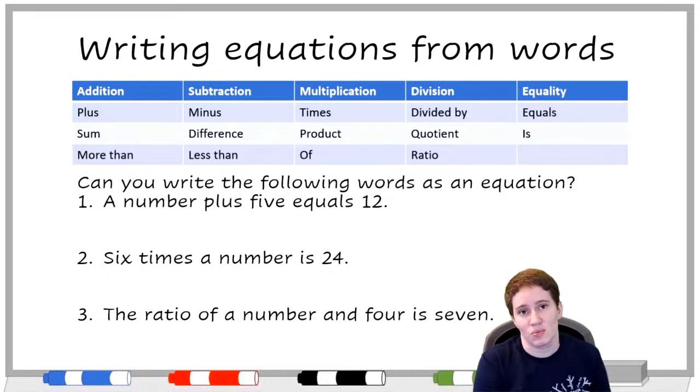So really it's just, what do we put for a number? Well, we're going to put a variable, and that's what's going to make this an equation. So a number, I can pick whatever letter I want, but since it says a number, I like to pick N because that's the first letter of number. So a number plus, so I put plus 5 equals, and then 12.